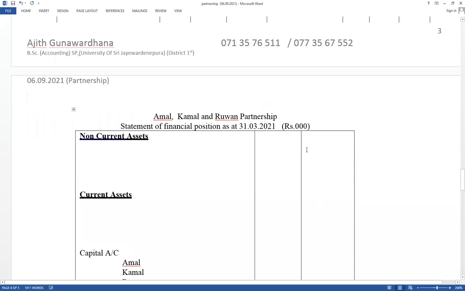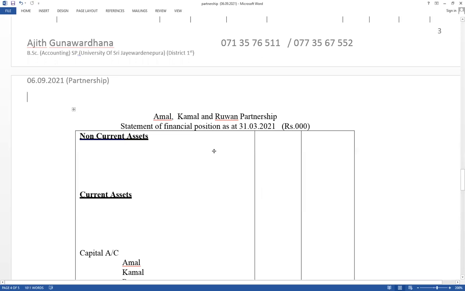Reason, accumulated depreciation is not given clearly. It has given net book value directly. Therefore, under non-current assets, property, plant and equipment can include the net book value directly. Reason, cost and accumulated depreciation are not given separately. Therefore, two columns are enough.